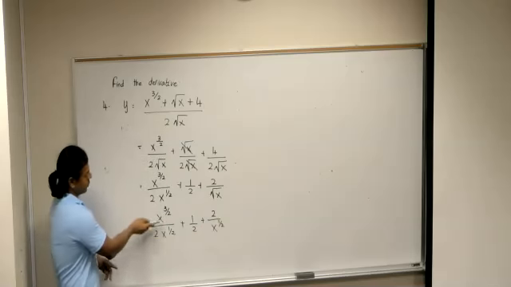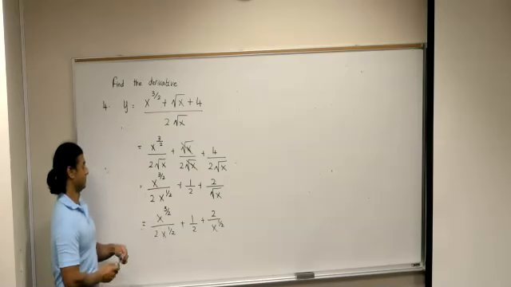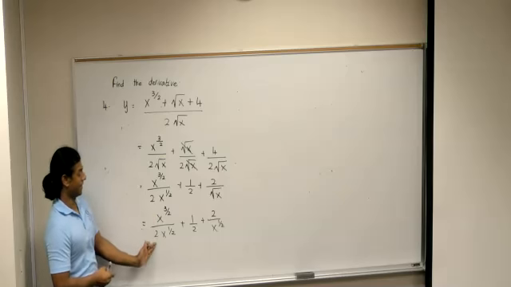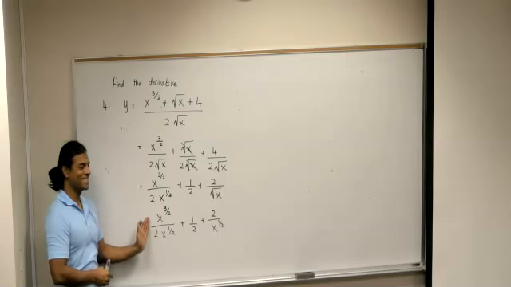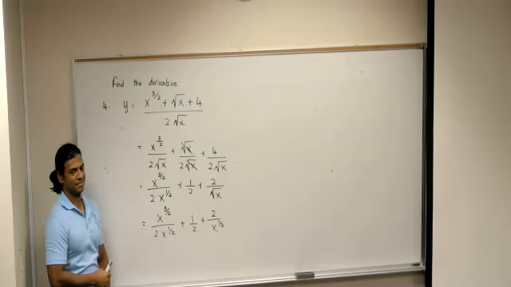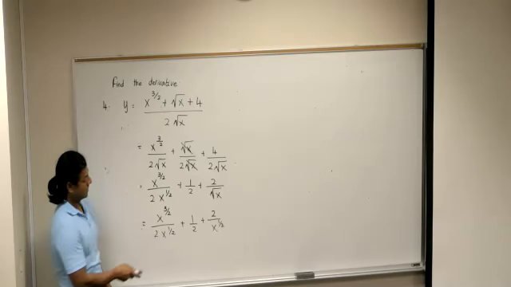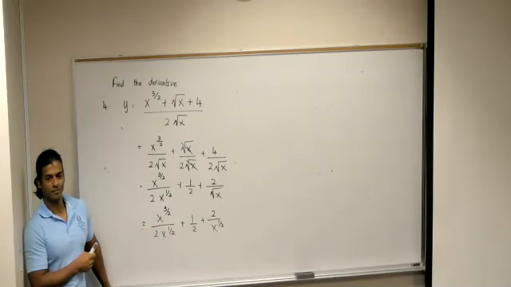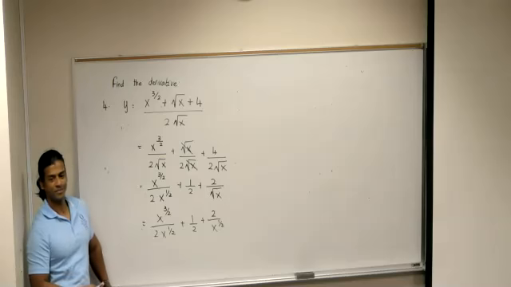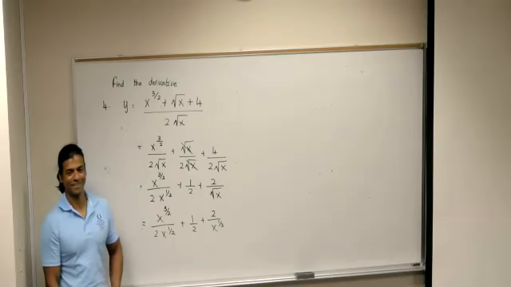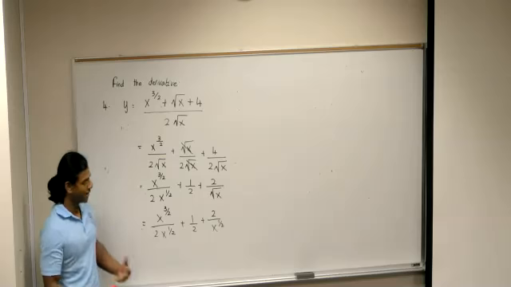What does this reduce to? It's all about the base. As long as the base is identical, what do you do? Same base, you're not canceling. So what happens? X over 2. How did you get that?